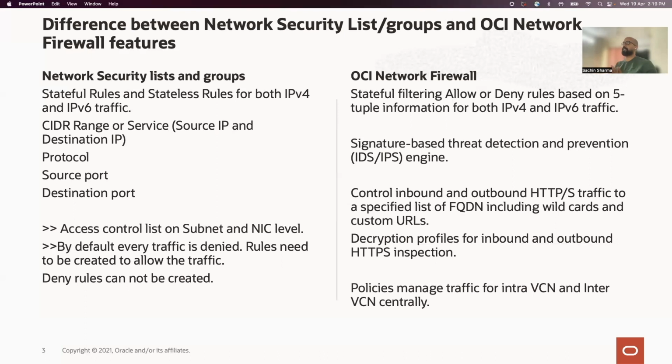These are the major differences, actually, I should say, between the network security lists and groups on OCI and OCI Network Firewall. OCI Network Firewall is not limited to stateful rules.